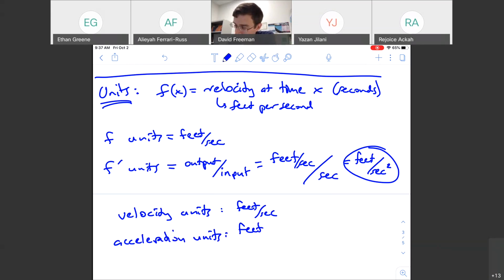And the units for acceleration would be something like feet per second squared, or meters per second squared, or whatever measurement you're using, or it could be miles per hour squared. That would be the acceleration of your car. If you're driving at whatever miles an hour, the acceleration would be miles per hour squared. So miles divided by hour squared.